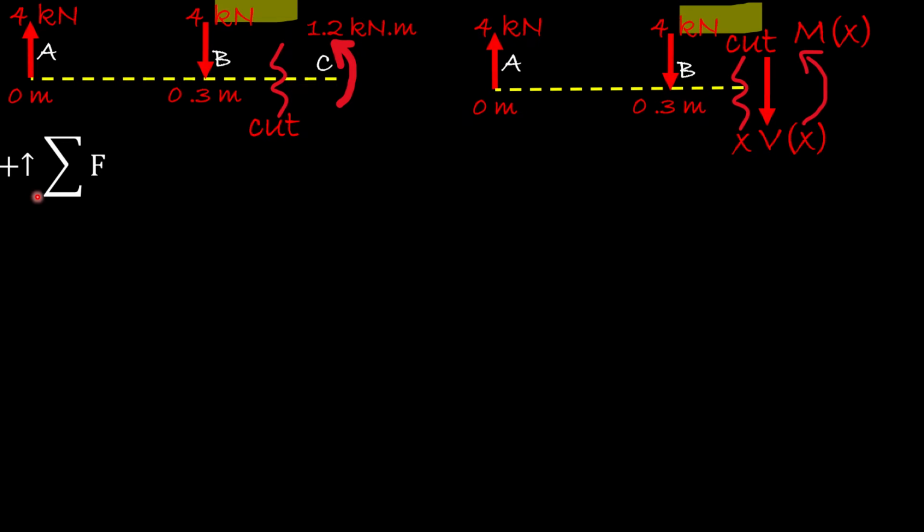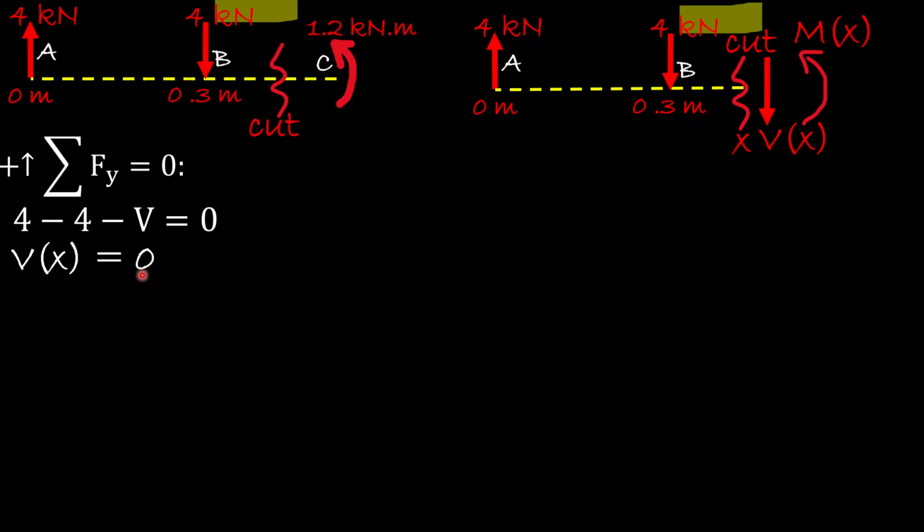So here we will take the sum of the forces in the y direction equal to 0. And here we have 4 positive, this 4 negative, and this V is negative. So 4 minus 4 is 0, so that will give us that between B and C, or between 0.3 and 0.6, the shear force is 0.